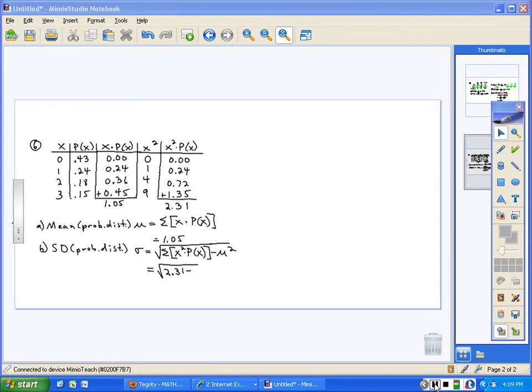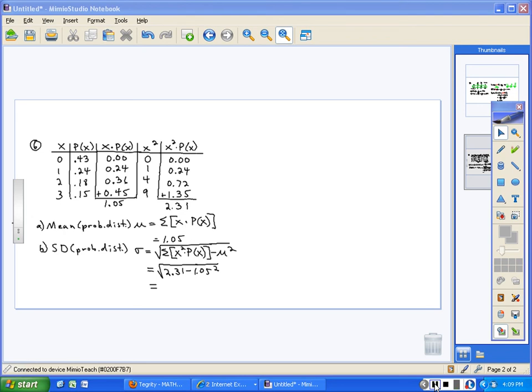Well, we found mu in part A, and that was 1.05 squared. So you multiply and subtract 2.31 minus 1.05 squared. You don't have to show me what 1.05 squared is.